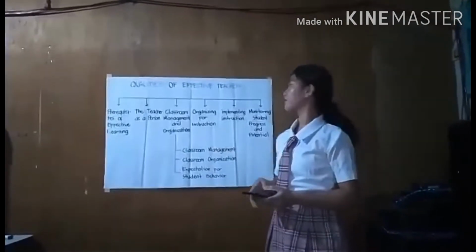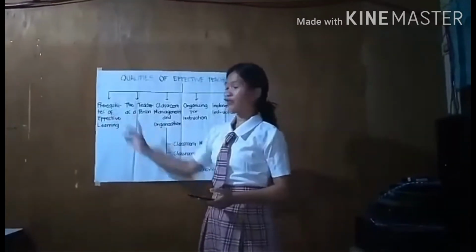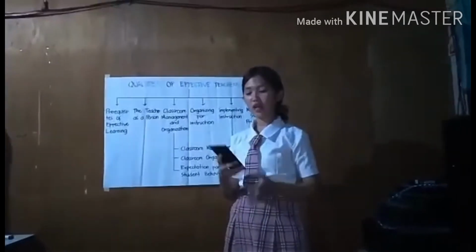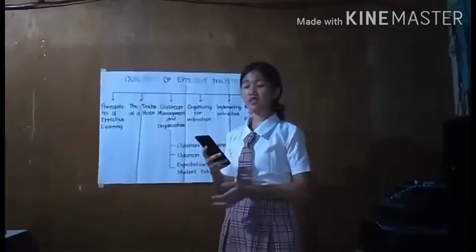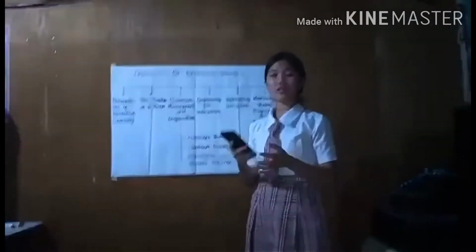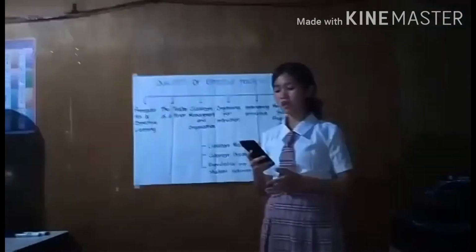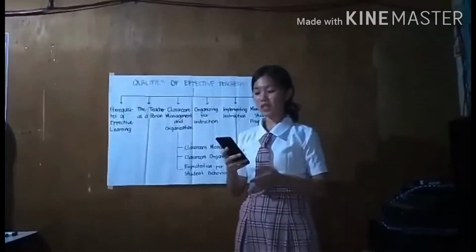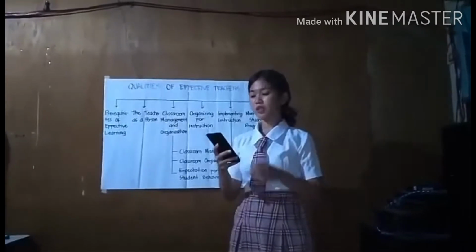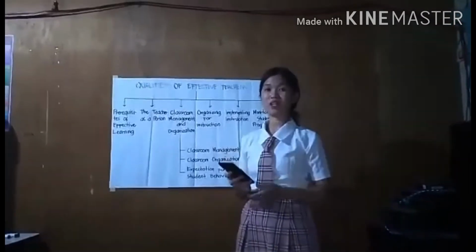Qualities of effective teachers. Prerequisites of effective learning: verbal ability has a positive effect on student achievement. Content knowledge, as measured by majoring or minoring in the subject area and participating in professional development in the content, contributes to increased student learning.